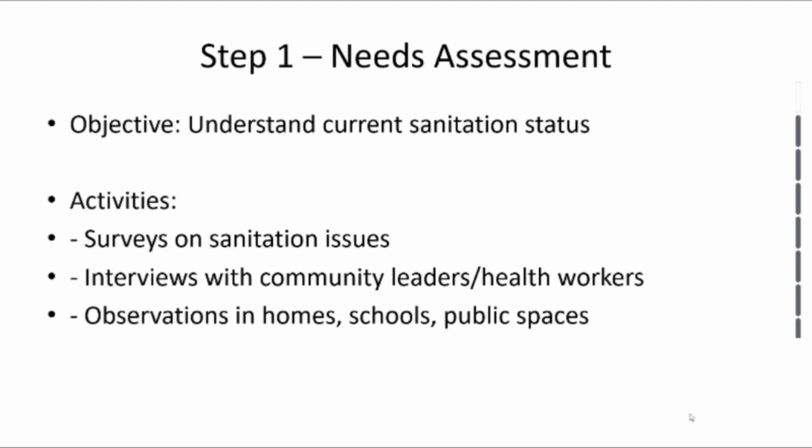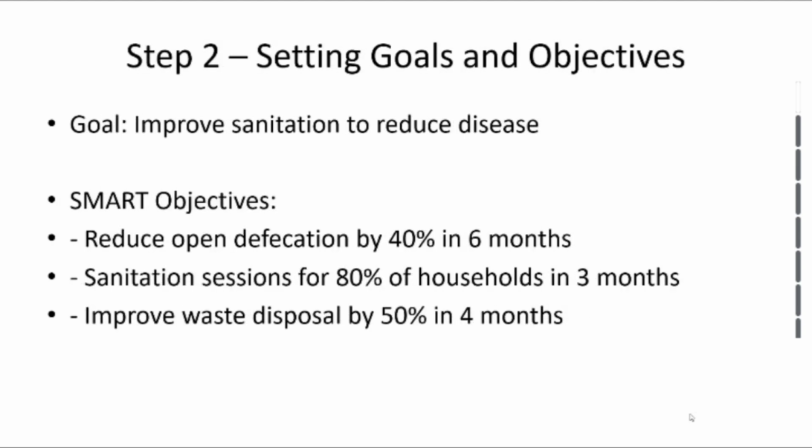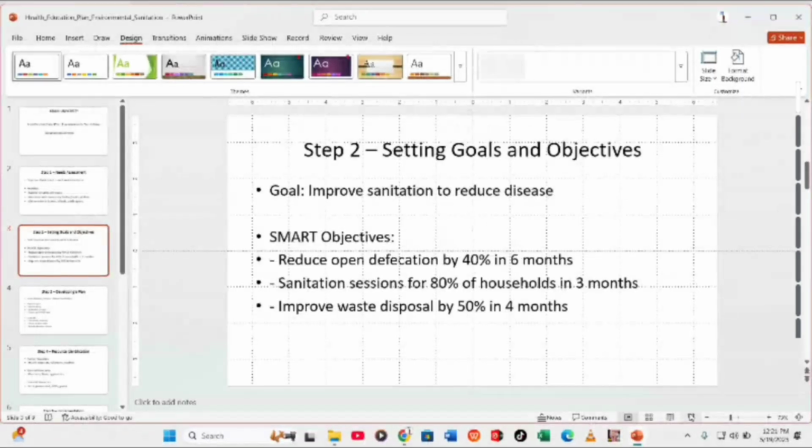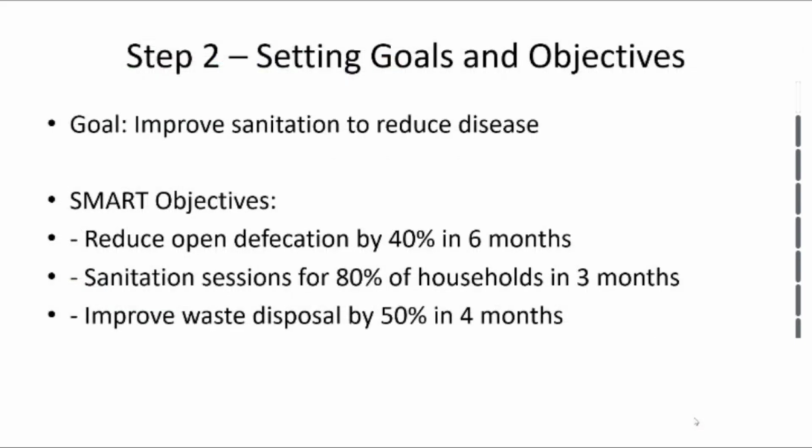The second step is setting goals and objectives. The goal is to improve sanitation, to reduce diseases. About the objectives, the acronym is SMART objectives: specific, measurable, achievable, relevant, and time-bound.